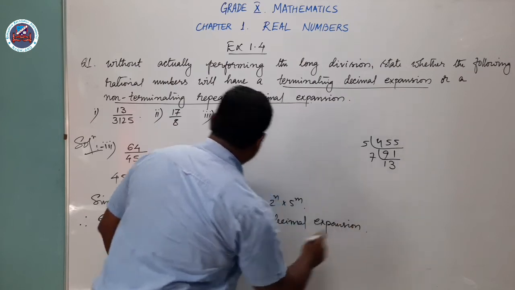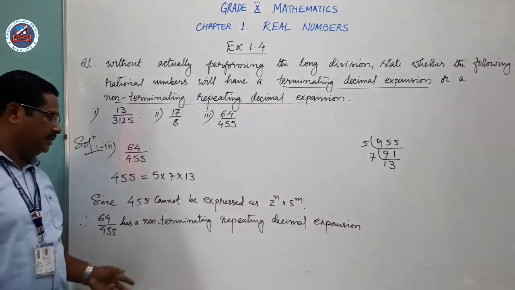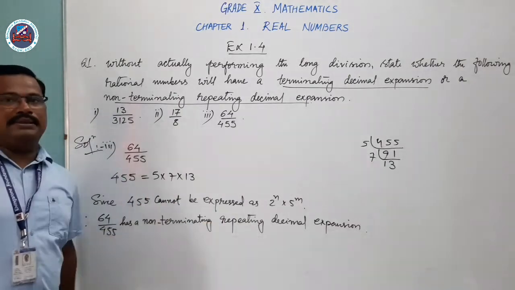So like this you have to do. If any other factor comes in between 2 and 5, then it will have a non-terminating repeating decimal expansion.